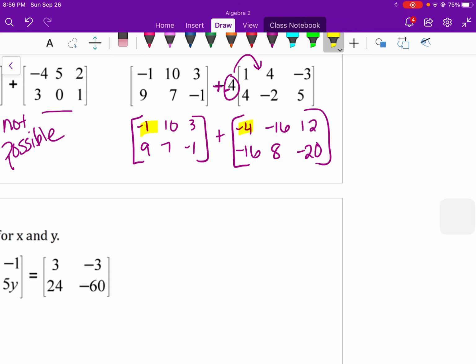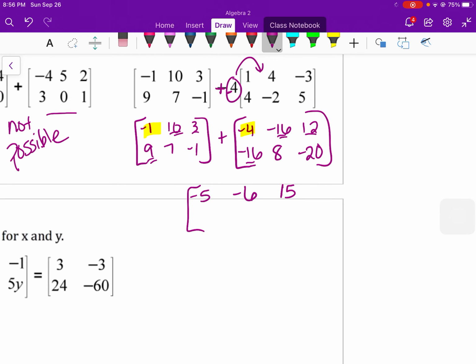Then adding, you add corresponding spots. So -1 plus -4 is -5. 10 plus -16 is -6. 3 plus 12 is 15. 9 plus -16 is -8.